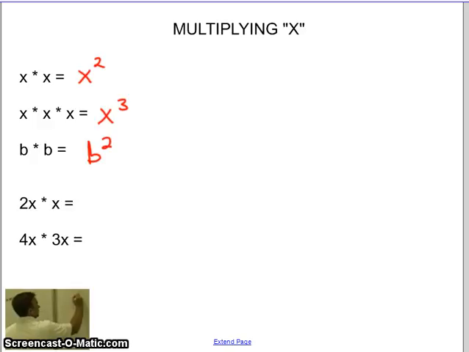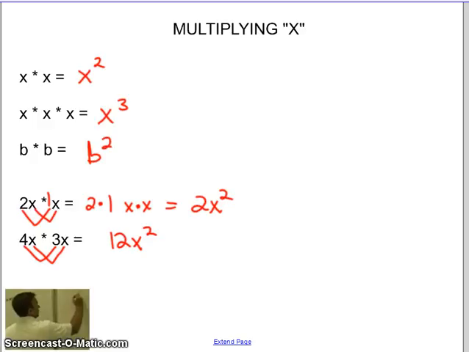When we multiply terms like 2x and x, we multiply the numbers in front, so 2 times 1, and then we multiply the variables, x times x, which is 2x squared. Here we would do 4 times 3, which is 12, and then x times x, which is x squared. Alright, and that's a brief review of multiplying variables.